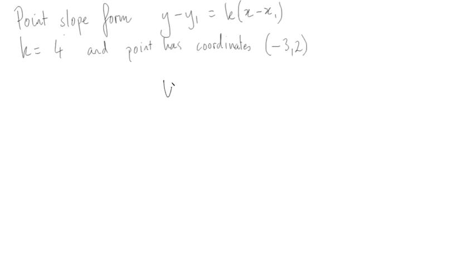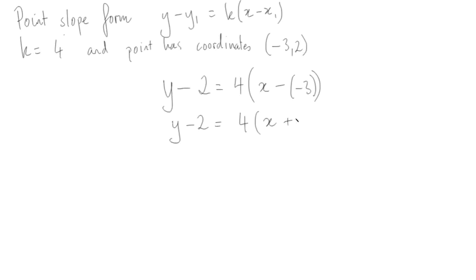So I get y minus y1, which is 2, equals k, which is 4, brackets x minus x1, which is minus 3. So I've got a minus 3 here. Let's simplify that. First we've got y minus 2, which we don't do anything with at the moment. Then we have 4, and then I have to do what's in the brackets.